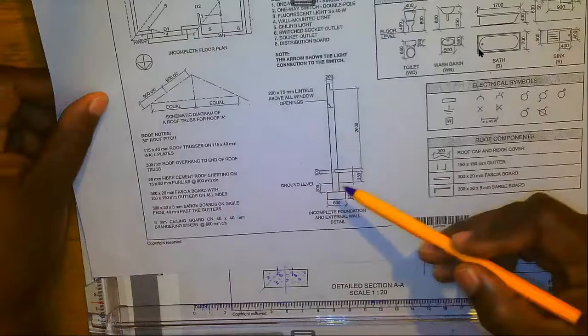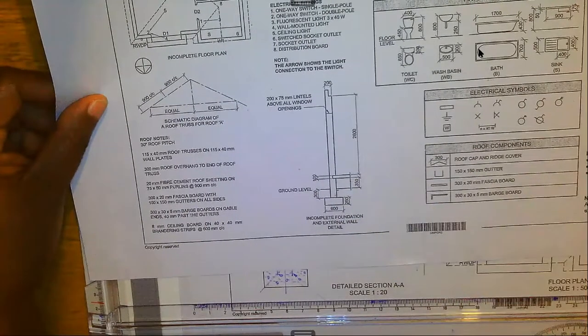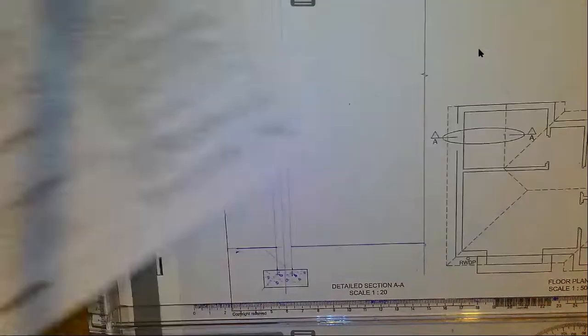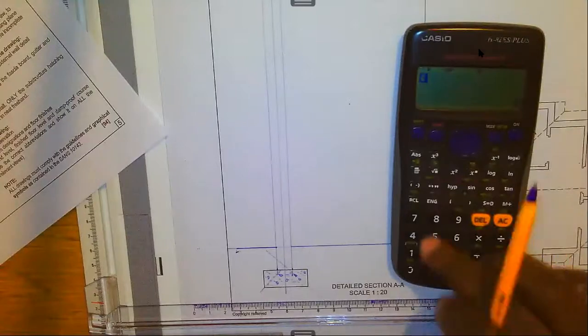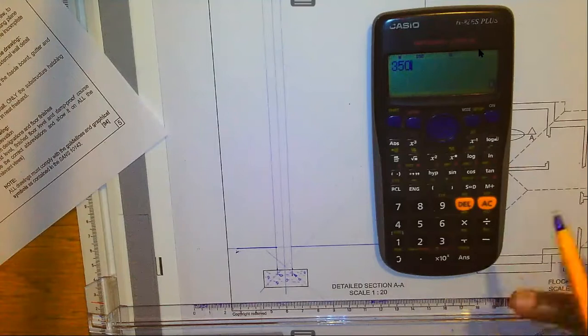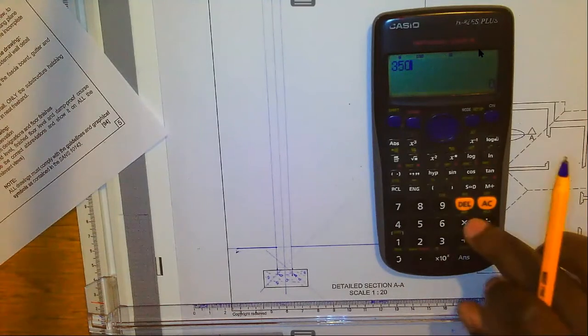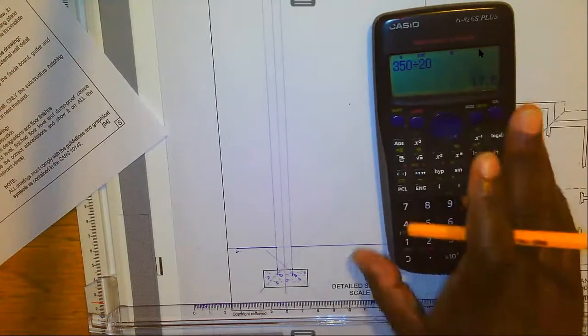So from here to the underside of the slab is 350, okay? We are using scale 1:20, so we may not get the right answer there because it's in divisions of 20. So 350 divided by 20, you are going to get 17.5.